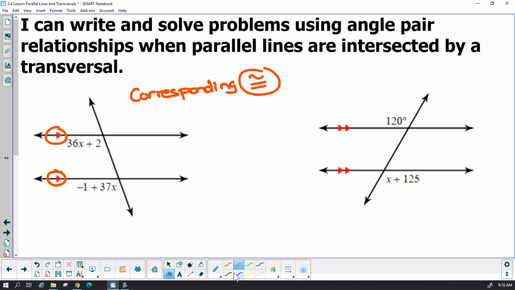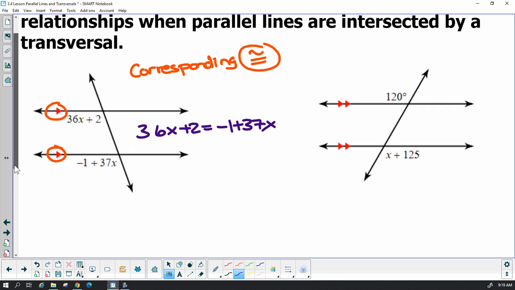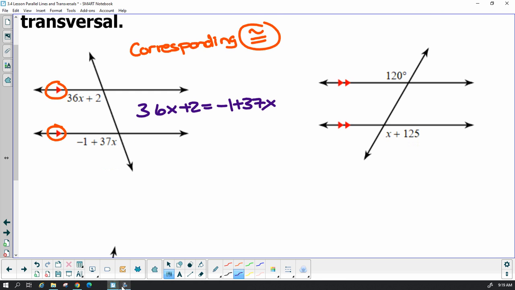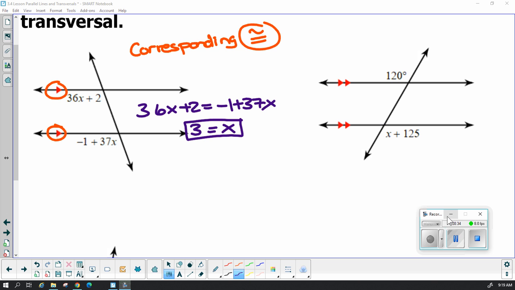So I can write an equation that shows these 2 angles are equal. 36x plus 2 is equal to -1 plus 37x. And I'm going to go ahead and solve this, and then pause and solve this, and then press play. So we get x to be 3.